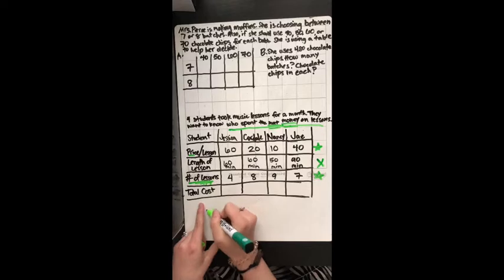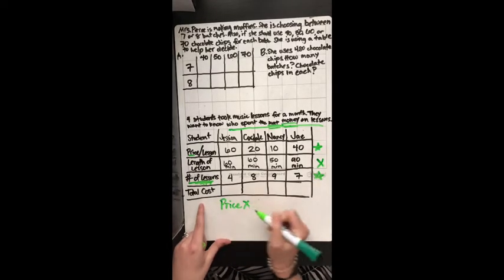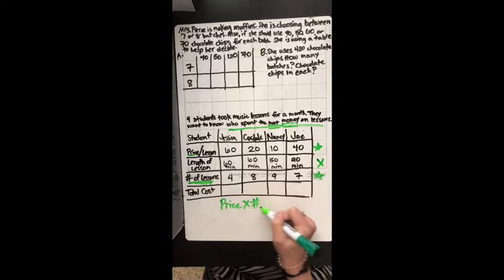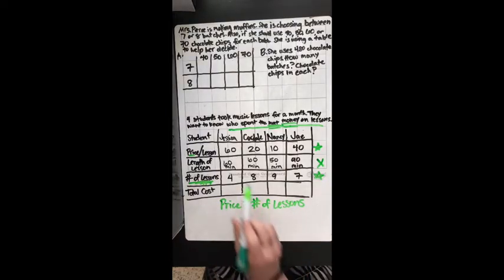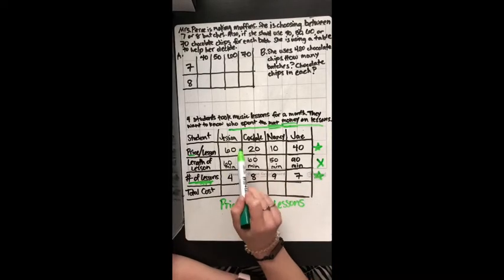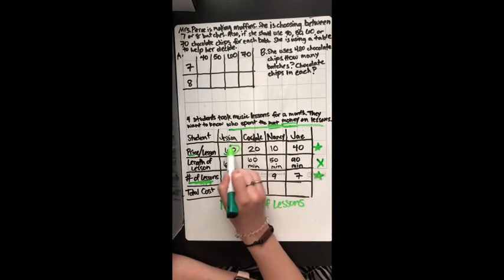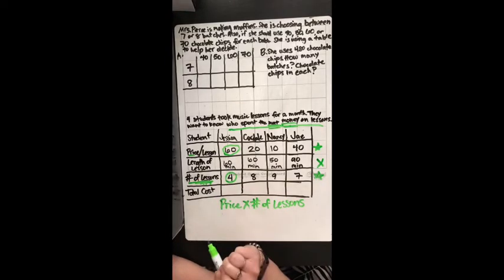So it's basically going to be the price times the number of lessons. So I'm going to have to solve this problem, price times the number of lessons, for each of my 4 students. So with Jessica up here, she paid $60 for her lessons, and she took 4 lessons.